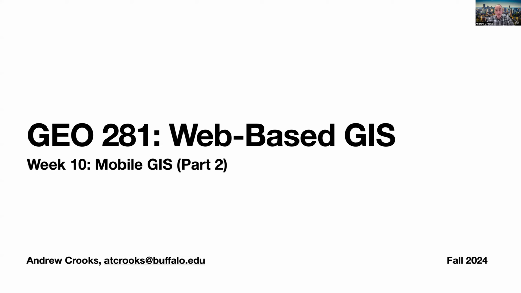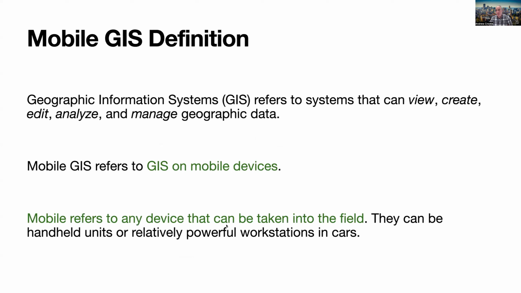Today I want to continue on with what we were discussing last time, specifically the advantages and disadvantages of mobile GIS. But just to reiterate, remember, mobile GIS refers to GIS on mobile devices. Traditionally, we've been talking about web GIS and desktop GIS, but specifically in this class, we're talking about GIS that we can use on our mobile devices.